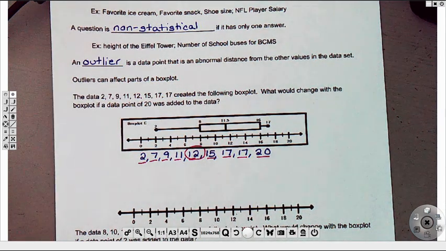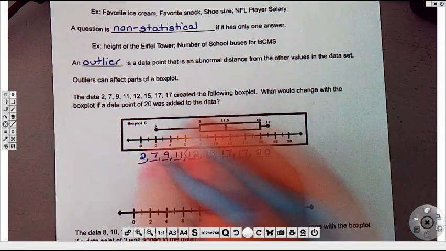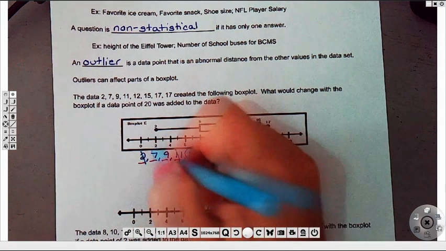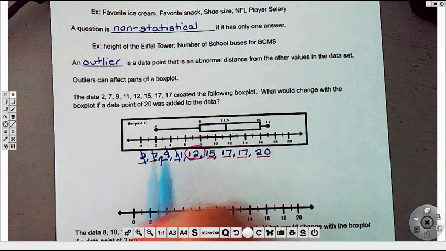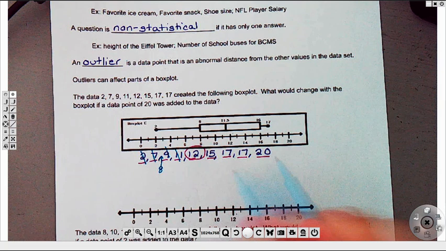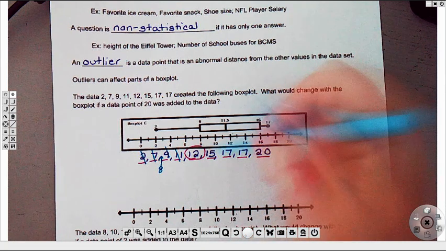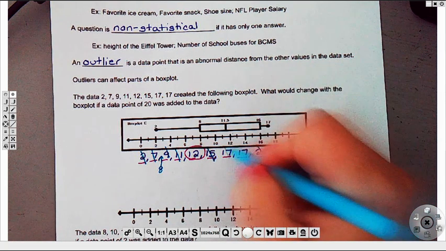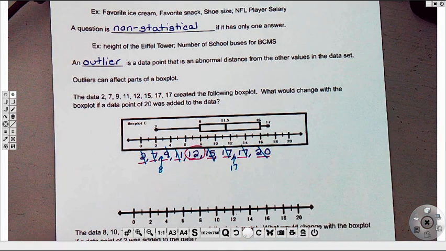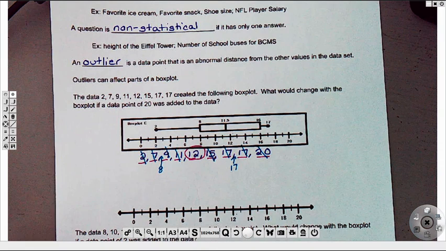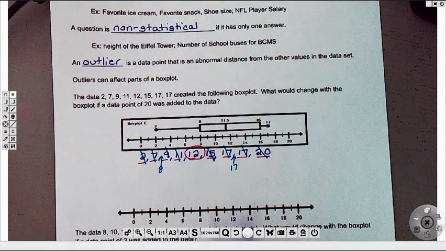When I'm looking at my lower half of data, the lower quartile falls somewhere in there, so between 7 and 9 is 8. I would do the same thing with my upper half of data to find that upper quartile, which would be 17. So now let me take my five-number summary and graph it on my number line.